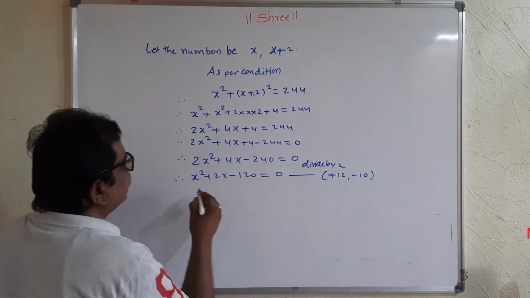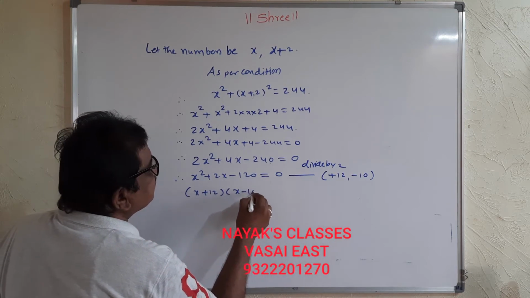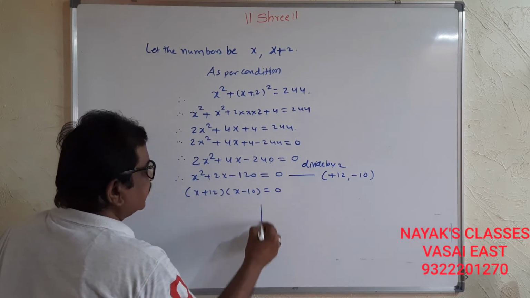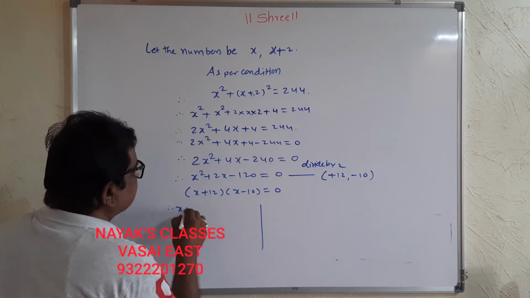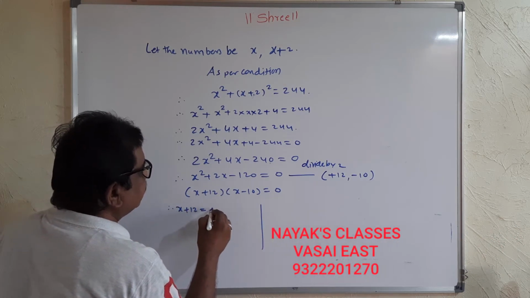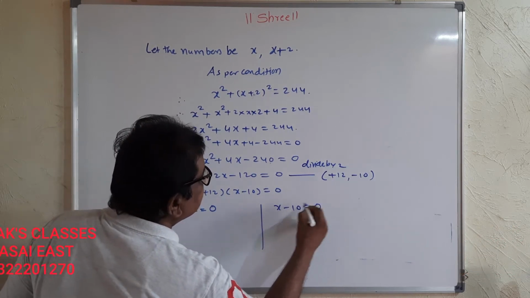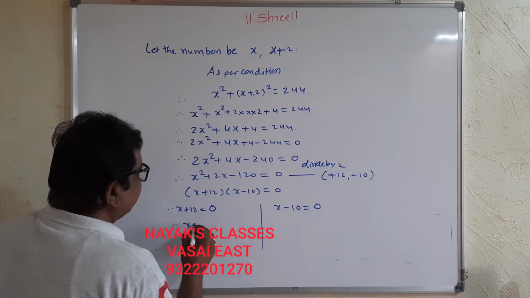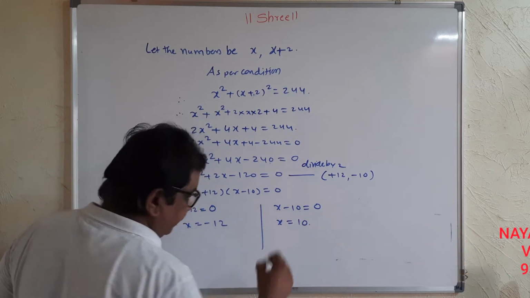So brackets will be x plus 12 and x minus 10 is equal to 0. Therefore x plus 12 is equal to 0 and x minus 10 is equal to 0, so x is equal to minus 12 and x is equal to 10.